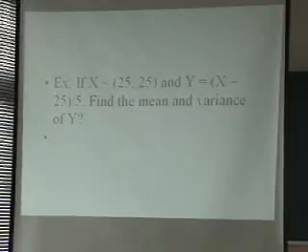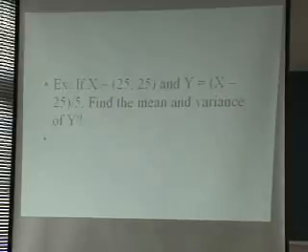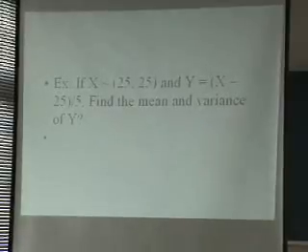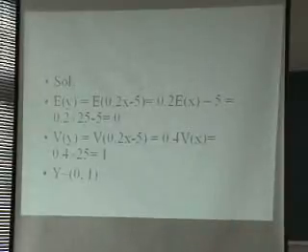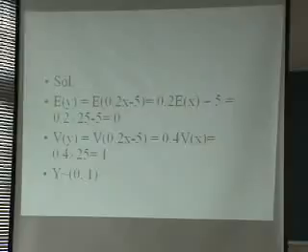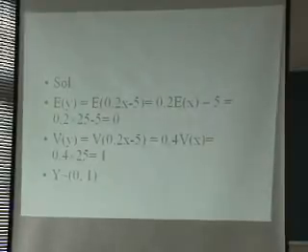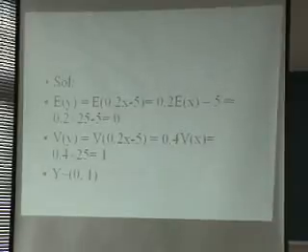So the expectation of Y is equal to (X minus 25) divided by 5. Solution: the expectation of Y is equal to E of 0.2X minus 5, and what is that equal to? Actually, that is equal to 0. And what is V of Y?